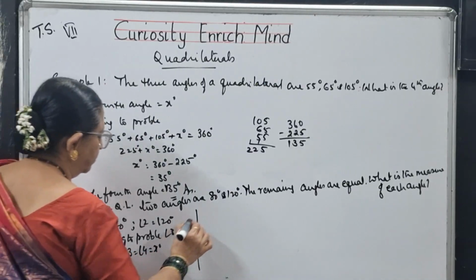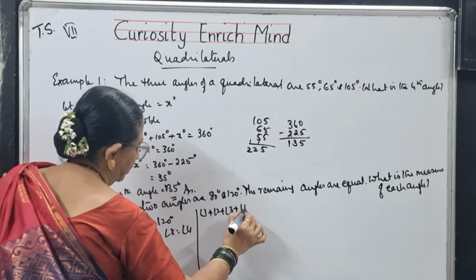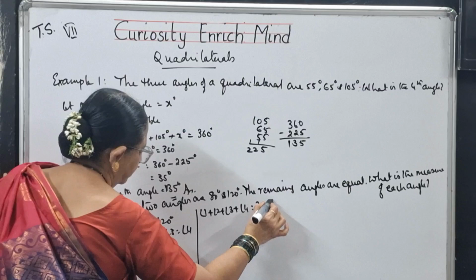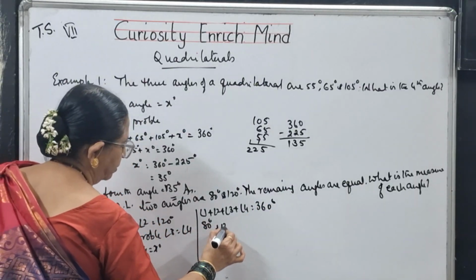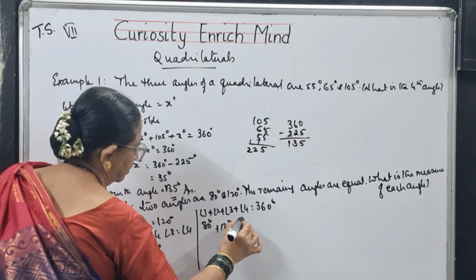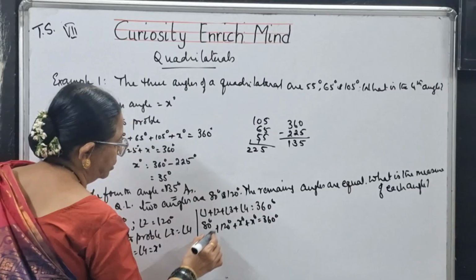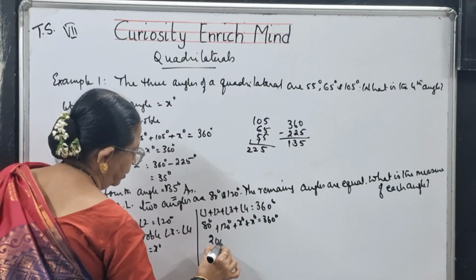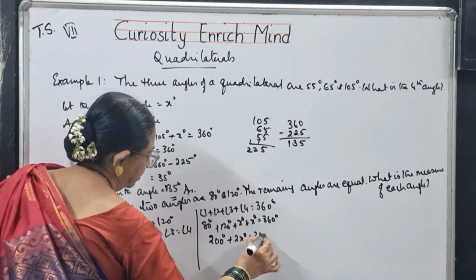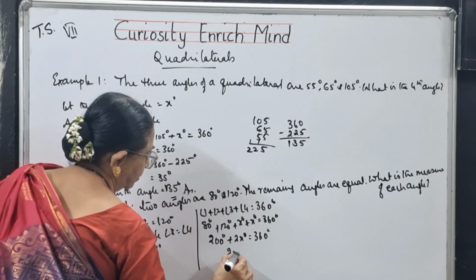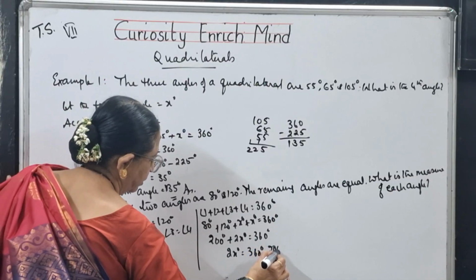We know that angle 1 plus angle 2 plus angle 3 plus angle 4 is 360 degrees. 80 degrees plus 120 degrees plus 2x degrees is 360 degrees. That means 200 degrees plus 2x degrees is 360 degrees. So what is 2x degrees? 360 degrees minus 200 degrees.